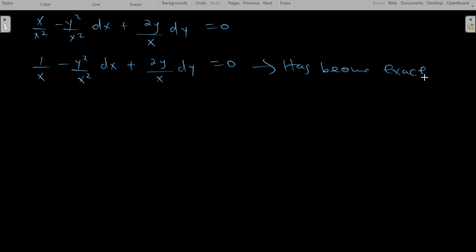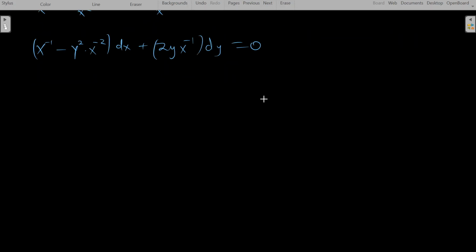I can write this as x raised to negative 1 minus y squared multiplied by x raised to negative 2 dx, added to 2y x to the negative 1 dy equals 0. We have changed it from non-exact to exact.